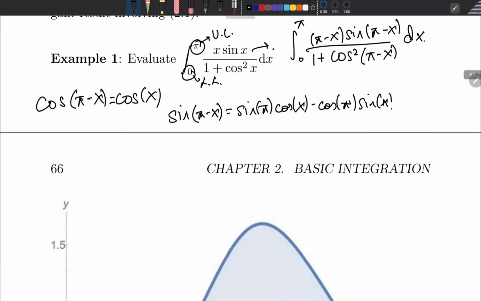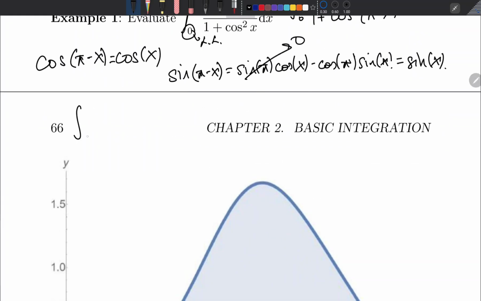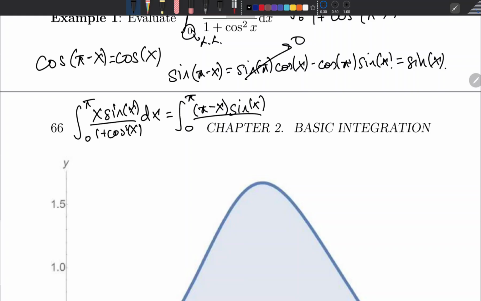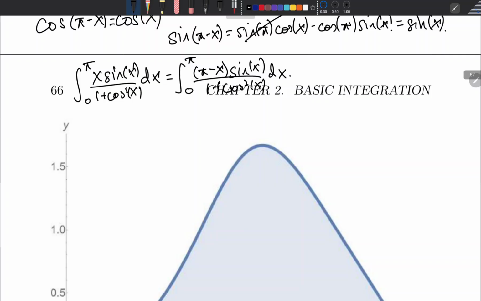Here sine of pi is 0, and cosine of pi is -1. So this -1 times the negative is going to give us positive. So it comes out to be sine of x only, and cosine of pi minus x is just minus cosine of x, so the cosine squared is unchanged. So our integral, the integral from 0 to pi of x sine x over 1 plus cosine squared x dx, actually equals the integral from 0 to pi of (pi minus x) sine of x over 1 plus cosine squared of x dx, right?